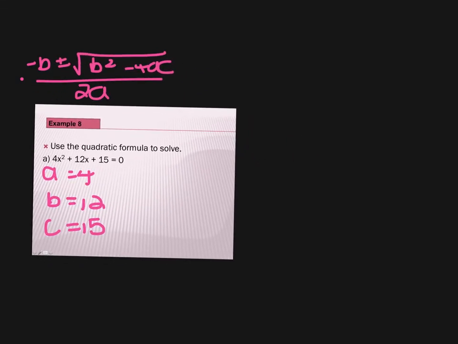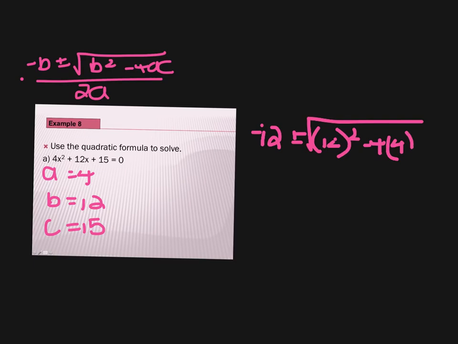So it would be negative b, which is 12. So negative 12 plus and minus the square root of 12 squared minus 4 times a, which is 4, times c, which is 15, all over 2 times a, which is 4.